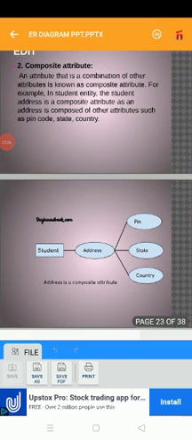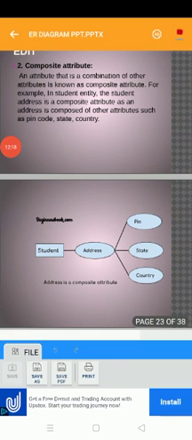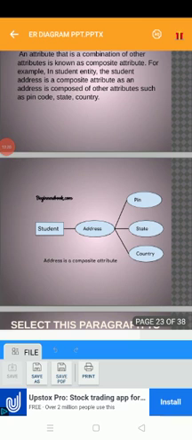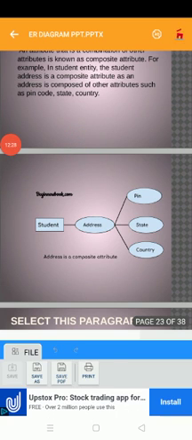We call it composite because it is subdivided into pin, state, country. So address is known as a composite attribute.